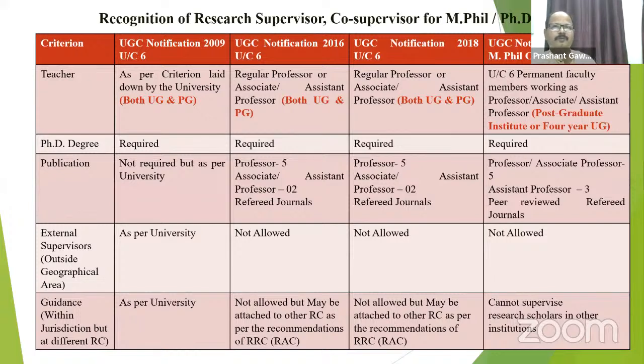Or the 4-year UG program, because the 4-year UG program was incorporated under the National Education Policy, and that's why the National Education Policy decides the incorporation of the 4-year degree programs along with the 1-year research, PG with research, and the 4 years of UG program.